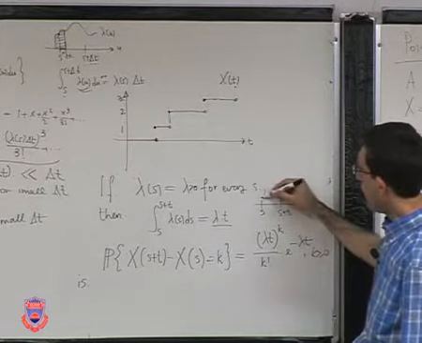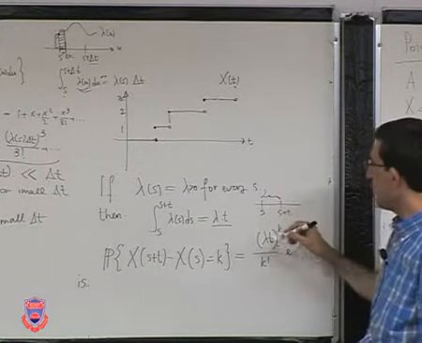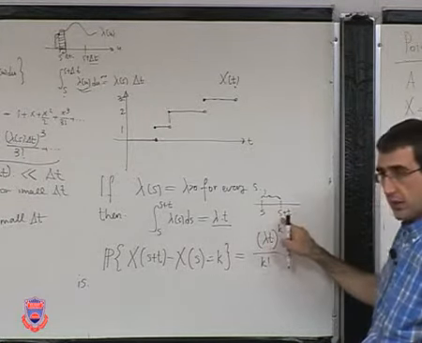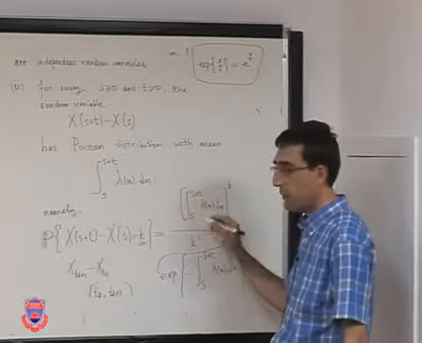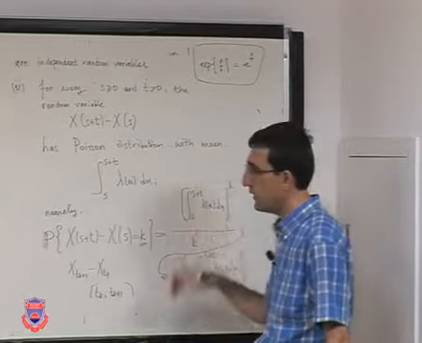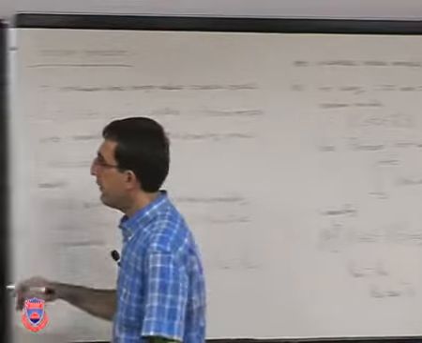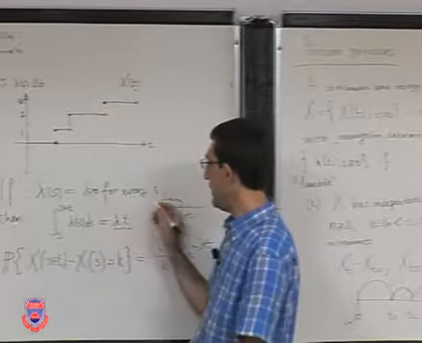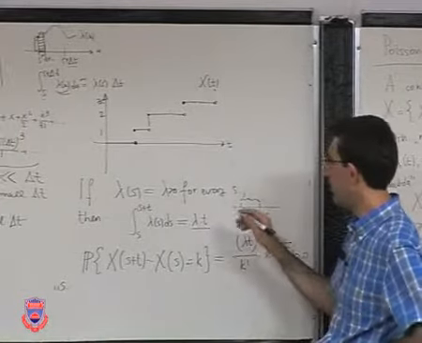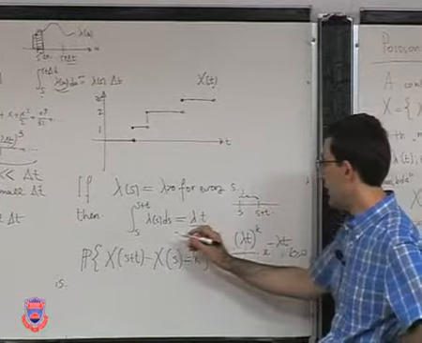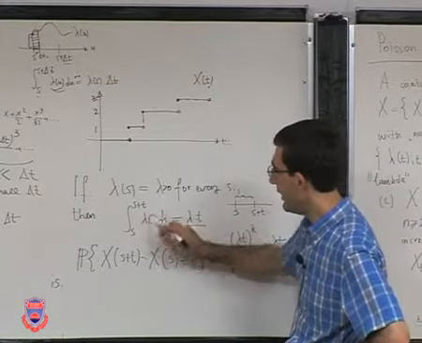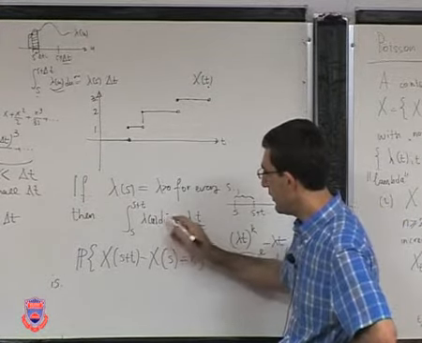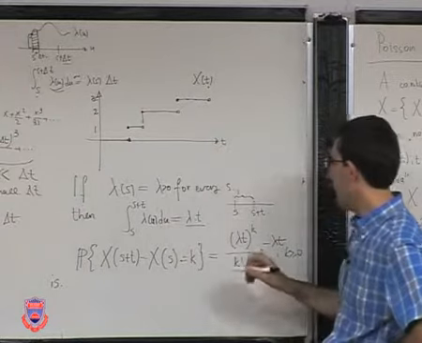We ask what the change in the process over the interval from s to s plus t is. In general, that may depend on both s and s plus t through this integral. But if the intensity is constant over time, the integral is independent of s, so s is just a dummy variable.